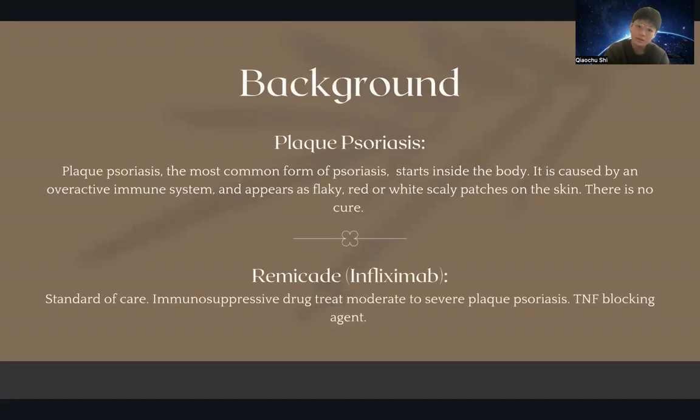Thank you. I will provide some basic background of the disease and drugs. Psoriasis is one of the most common inflammatory skin diseases and affects about 2% of the US population. Plaque psoriasis is the most common form of psoriasis.